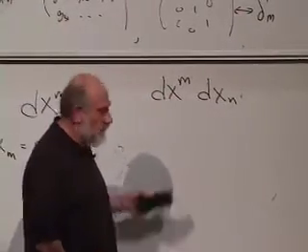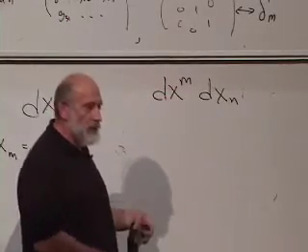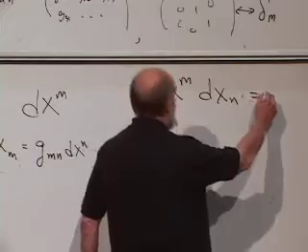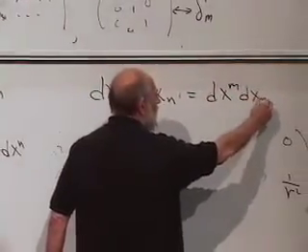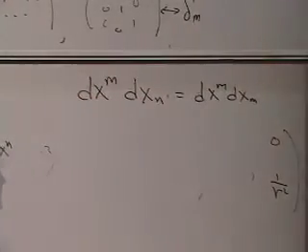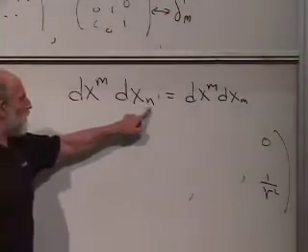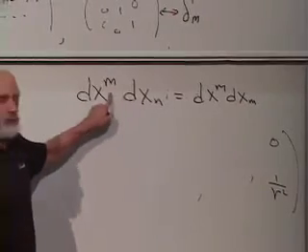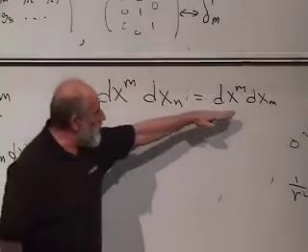It's a tensor. Now I want to contract the index m with n and get dx^m dx_m. What happens when you take a tensor with two indices, one upper and one lower, and you contract them? What do you get? A scalar. So this object is a scalar.